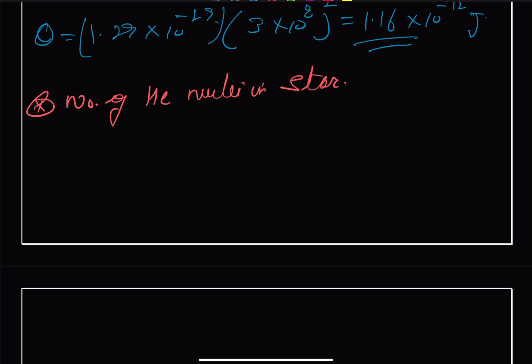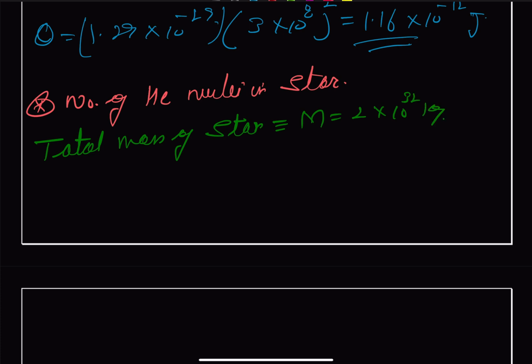The total mass of the star is given to us. Let us suppose it is a capital M, given as 2 into 10 to the power 32 kg.